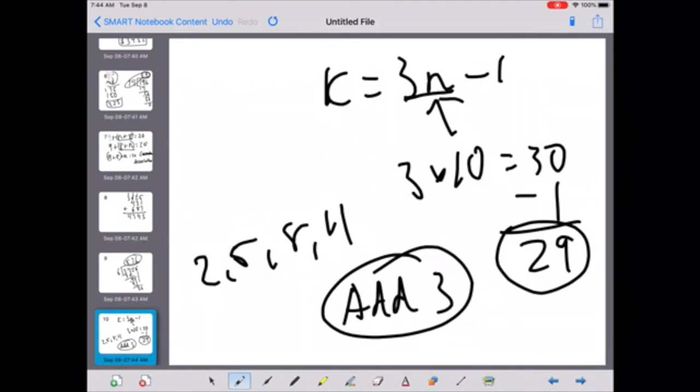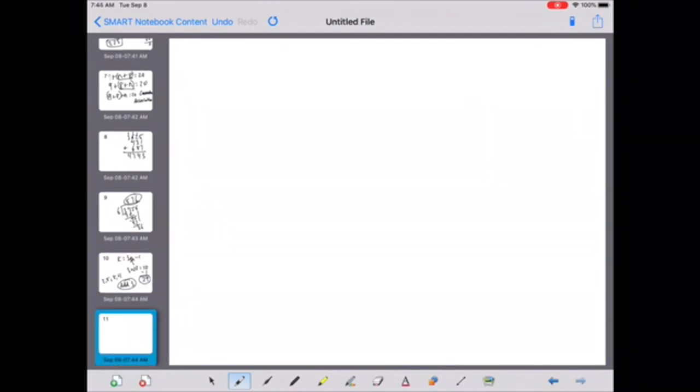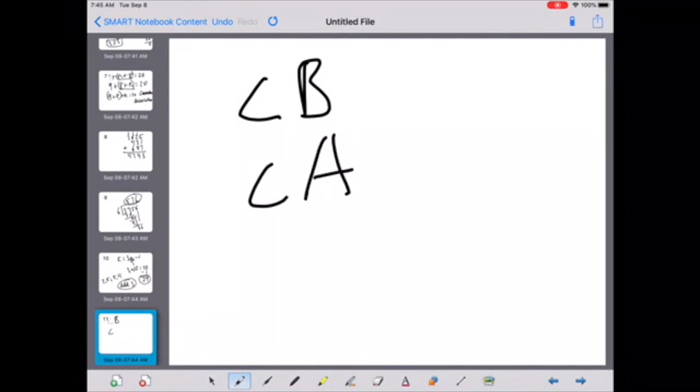Number 28, it says name an acute, obtuse, and right angle. Okay, so the first one I'm going to do is A. Name an acute angle. Well, guys, I can do that with just one letter. That's the letter B. That's acute. Then it said name an obtuse angle. I can do that with one letter as well. That's letter A. That's obtuse.